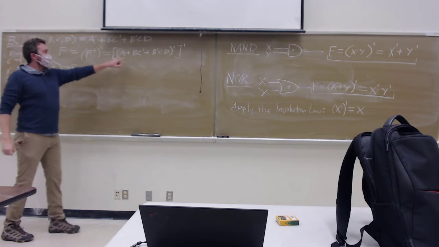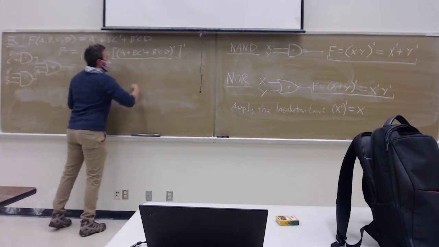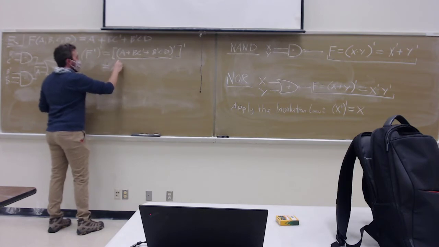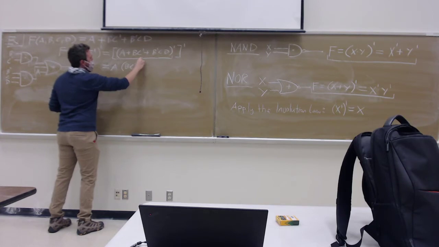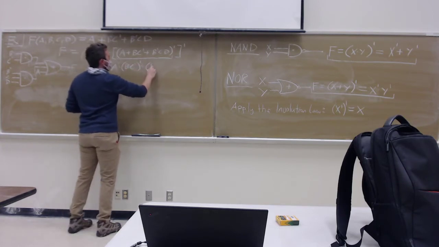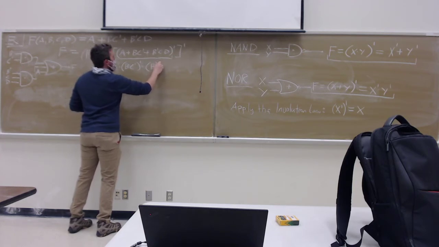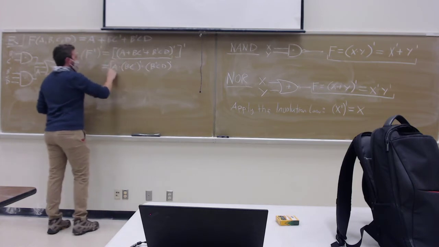Now when we apply De Morgan's theorem here, just to this first quantity, we're going to get what? A prime and B and C prime and B prime C D prime, and then all of that is still inverted.